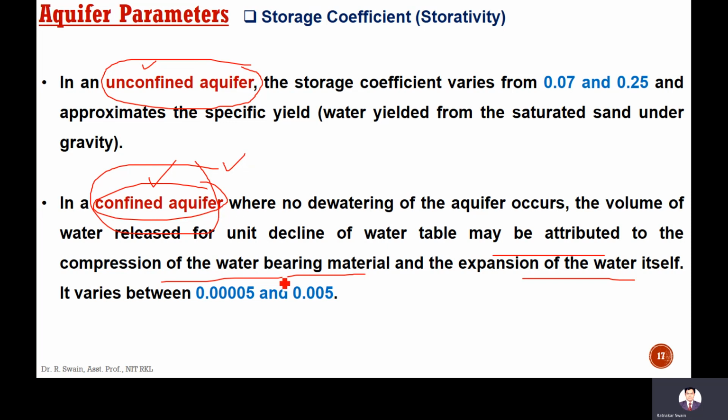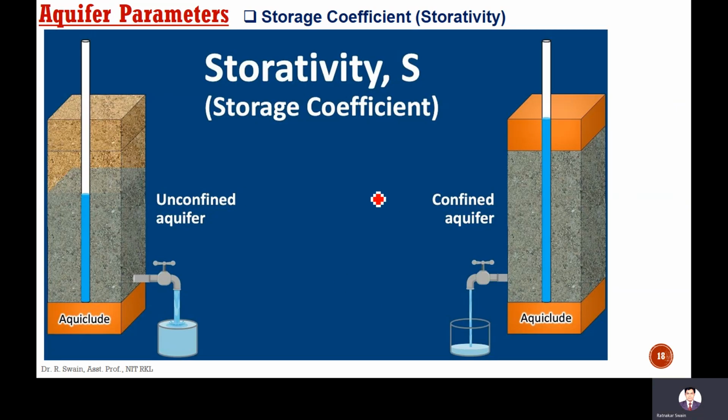So for the confined aquifer, the storativity varies from 0.00005 to 0.005. In this figure you can see the storage coefficient of the confined and unconfined aquifers. In the unconfined aquifer, a unit change in head gives more water, while per unit change in the confined aquifer we get less water.